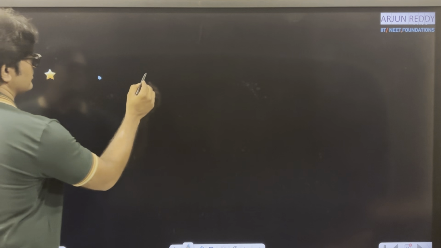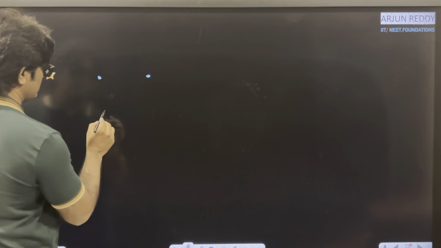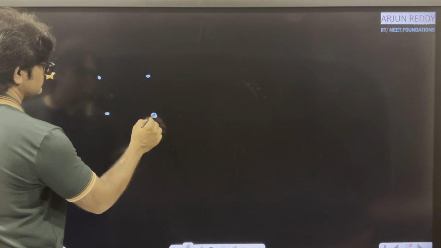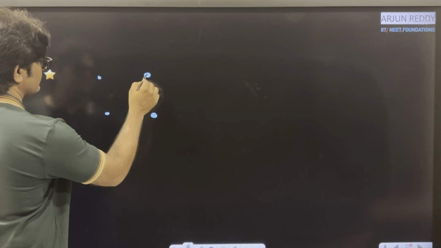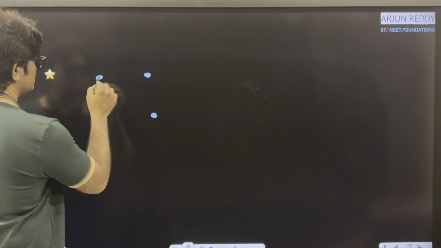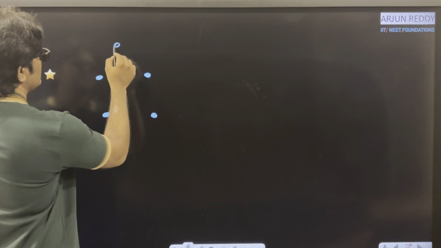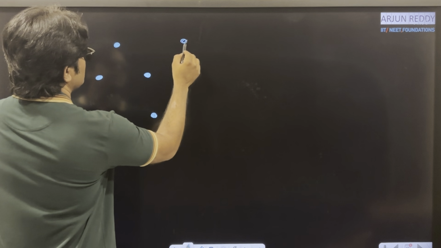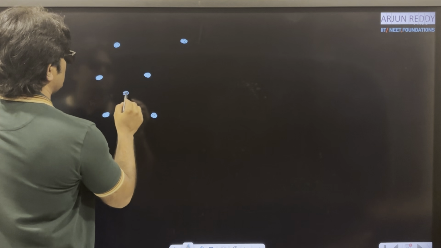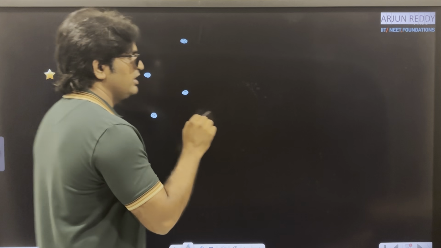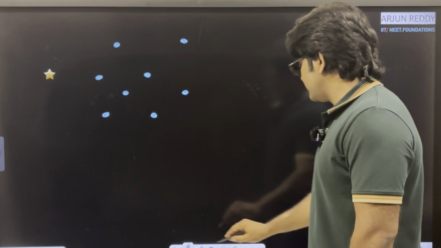Carbon, carbon, carbon, again carbon. Yes, 4 carbon atoms I am selecting. Next, again 4 carbons, 1, 2, 3 and 4. So totally how many carbon atoms are we selecting? Yes, 8 carbon atoms.